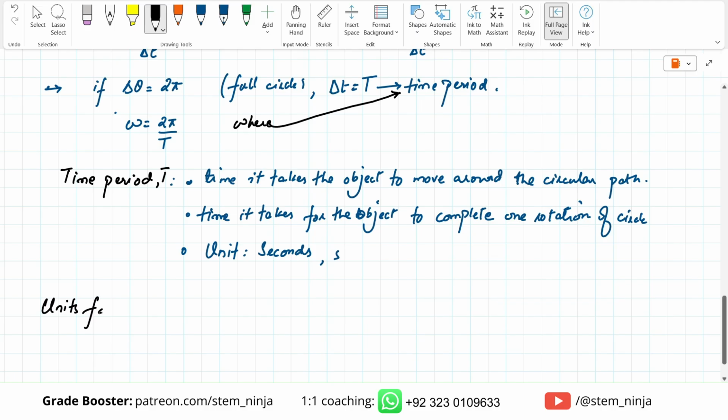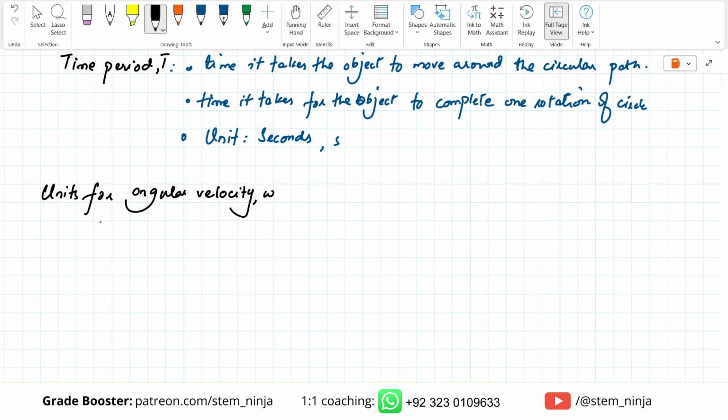Now that we have defined time, we can go into defining the units for angular velocity, omega. So the SI unit for this is radians per second, or radians s minus 1.